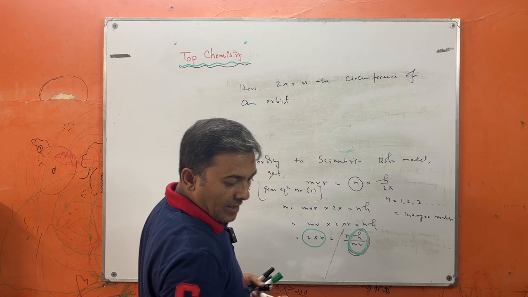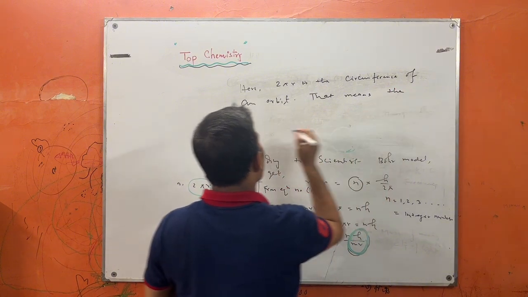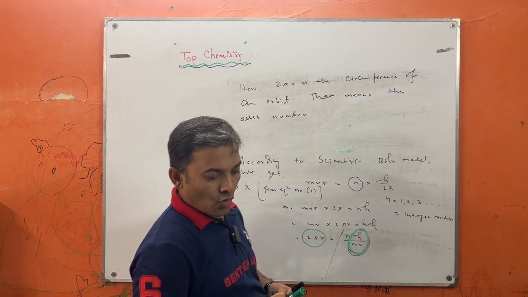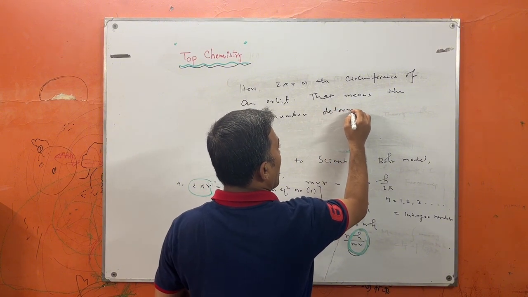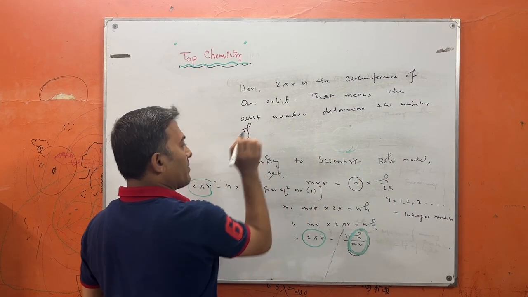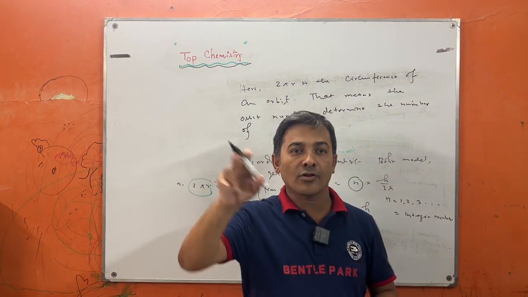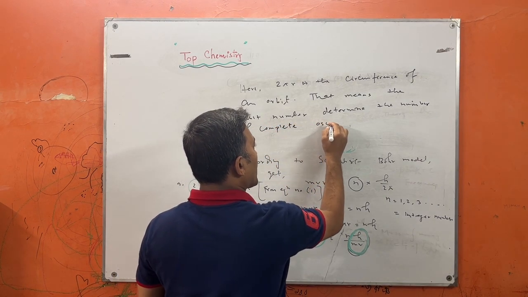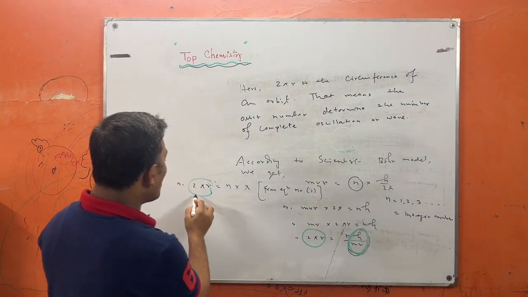That means the orbit number determines the number of complete oscillations or waves. My dear student, we know 2 pi r.